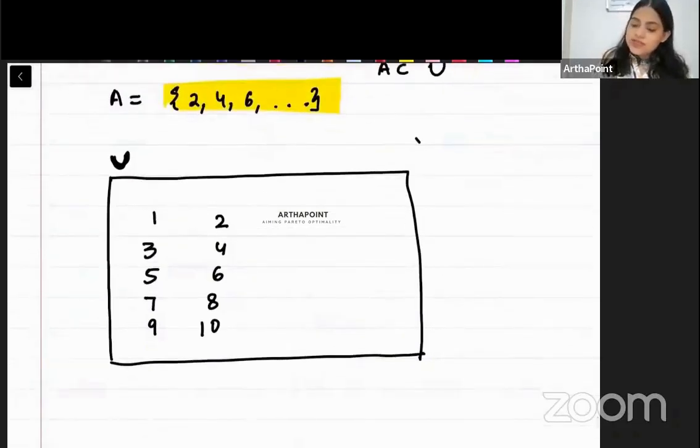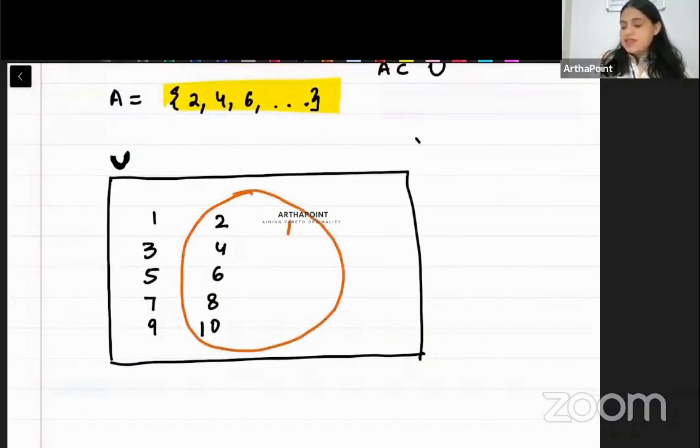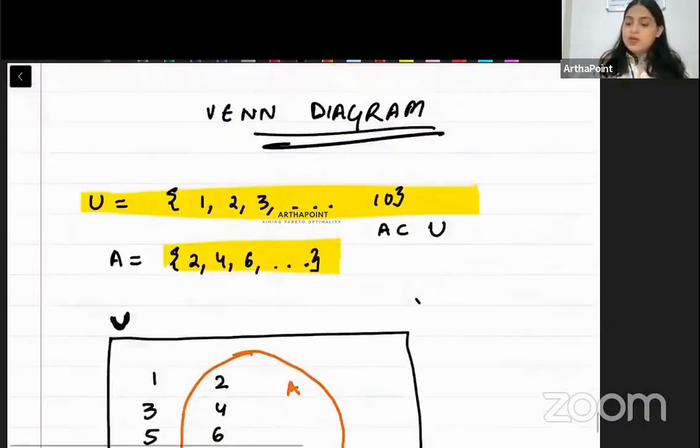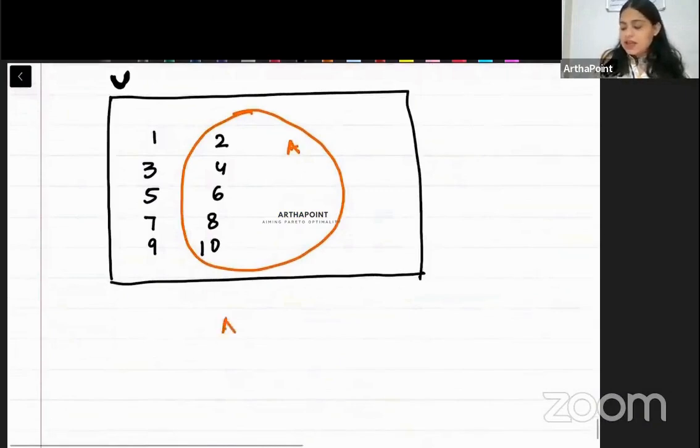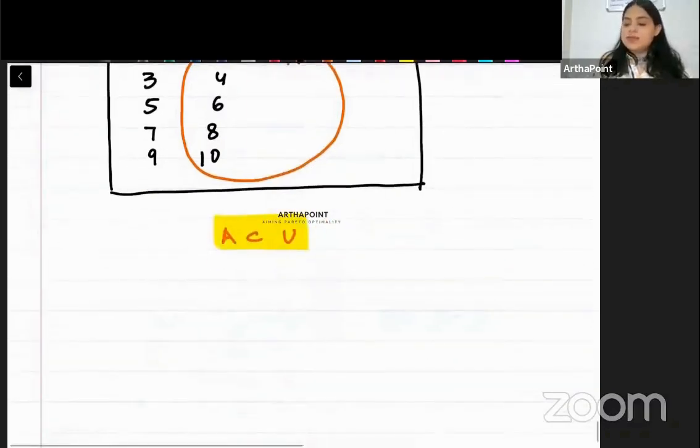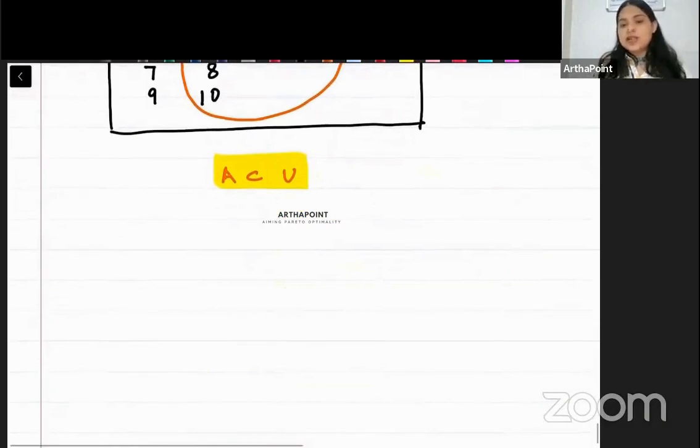So to show a subset, I will draw a circle. And I will say that this A is a subset of the universal set. So beta, through this, I can say that A is a subset of U. This is what we have proved. A is a subset of U. Is this clear? This is how you can show a universal set and a subset.